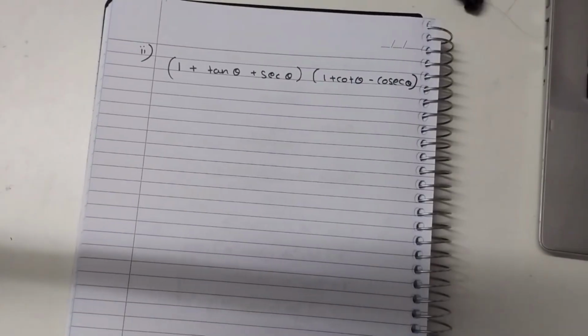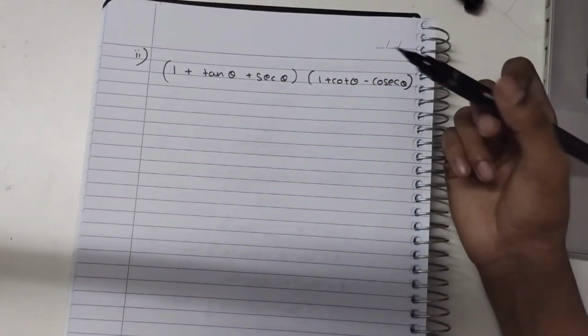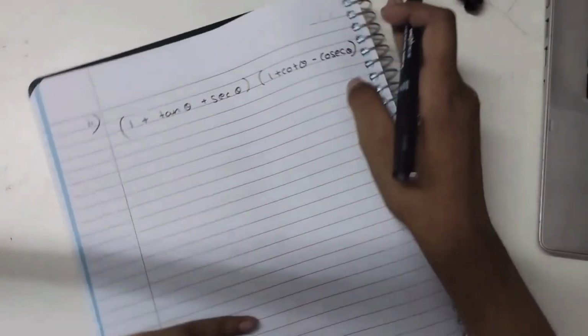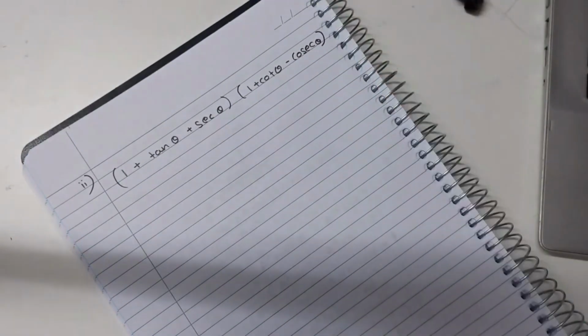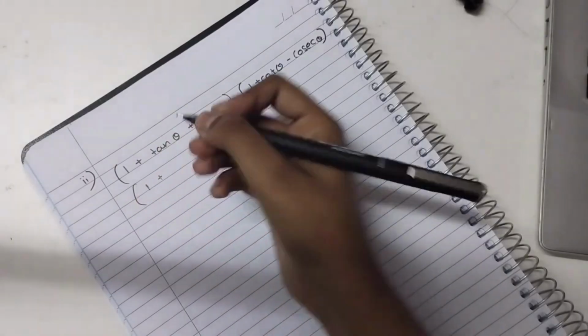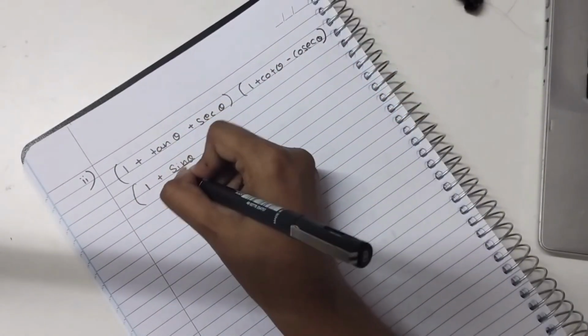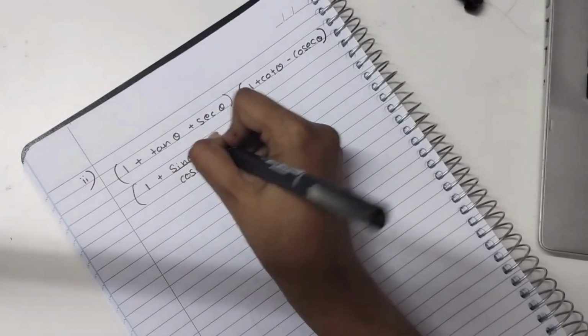In the second question, they've given 1 plus tan theta plus secant theta times 1 plus cot theta minus cosecant theta. So first, we're going to express tan, secant, cot, and cosecant in the terms of cos and sine. So it'll be easier for us to simplify it. So first part of the equation, tan theta can be represented as sine theta over cos theta plus secant theta.